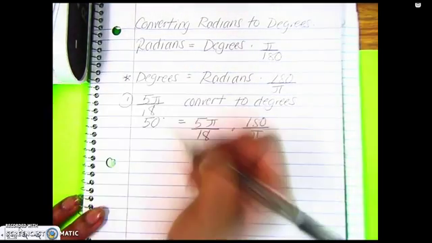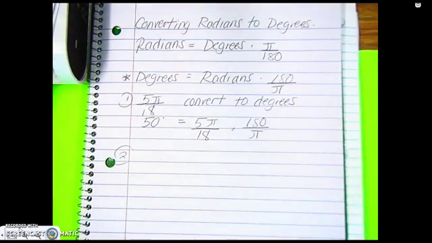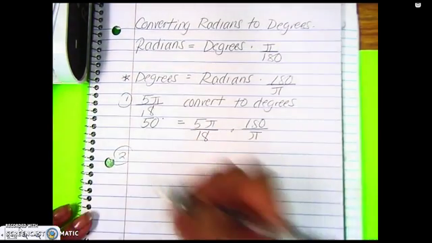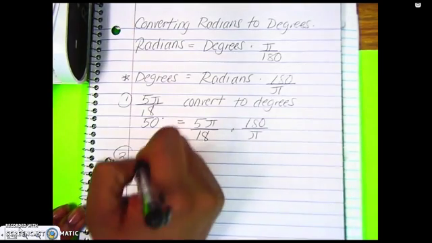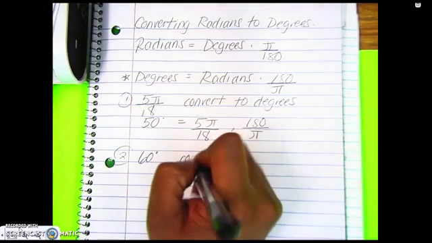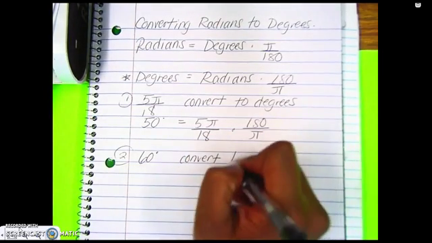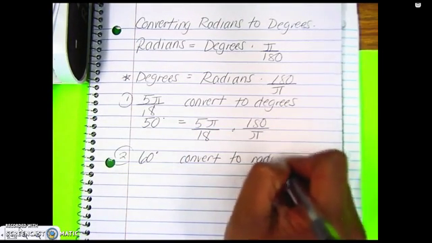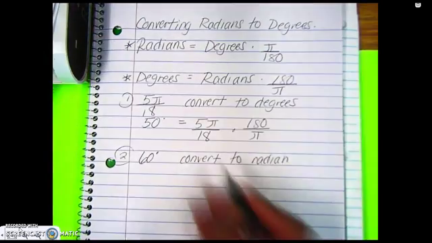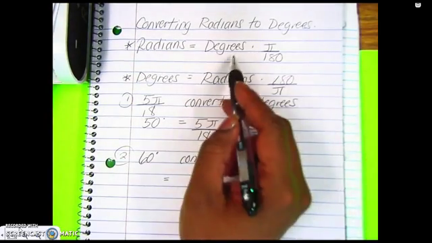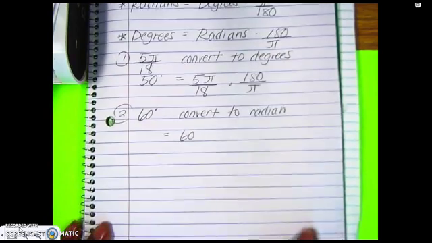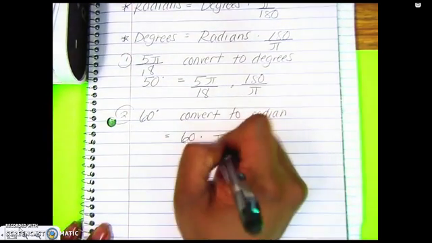So this is 1, 2. We're going to convert the 60-degree angle to radian measure. All right, so I'm going to take the one that says radians. And that means I have to take our degrees, which is 60, and multiply that by pi over 180.